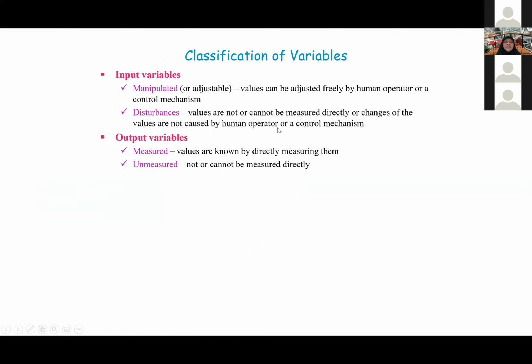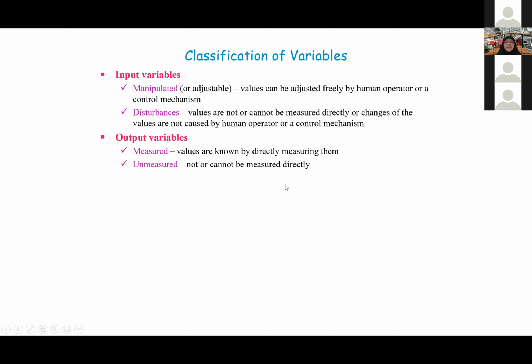The disturbances are the input variables that we cannot manipulate. There are no valves, there's no way to manipulate the input variable. So this becomes a disturbance, because if it changes as it comes into the system, it will affect our control variable.